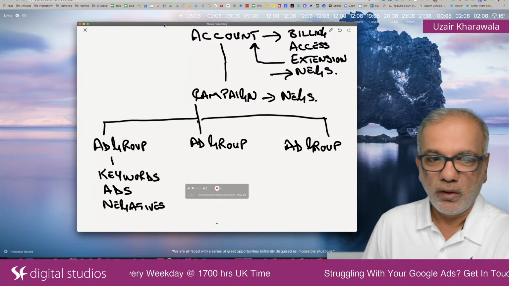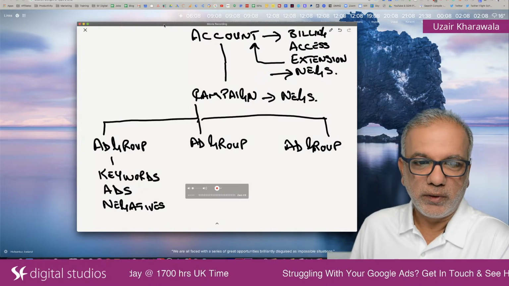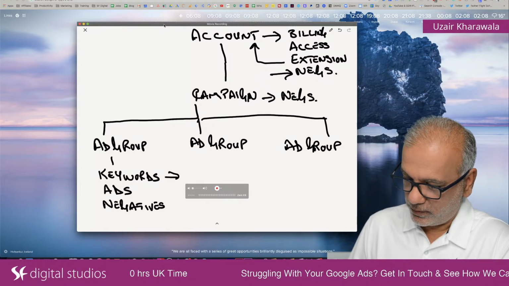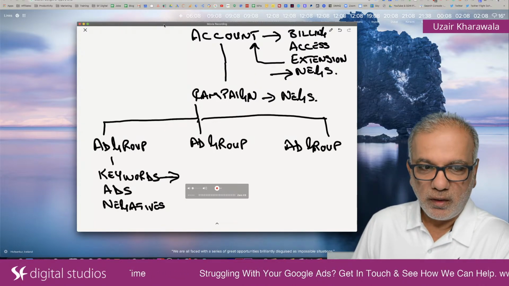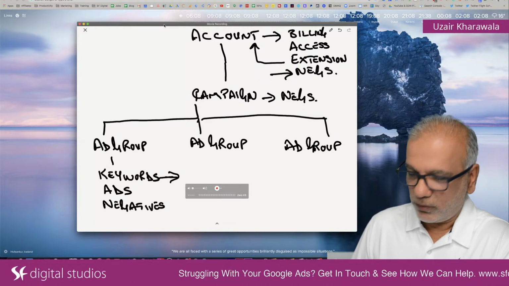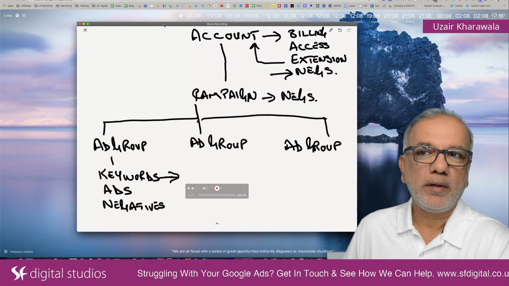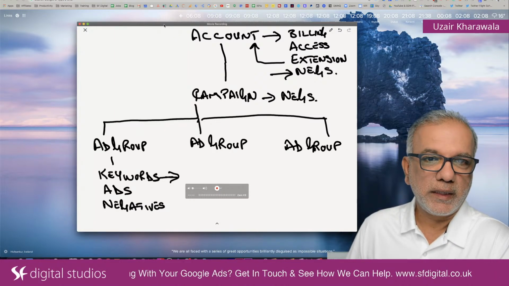So let's go a little bit deeper into how we should put these ad groups, these keywords. You want to make sure that you don't have lots of different types and kinds of keywords in the same ad group.